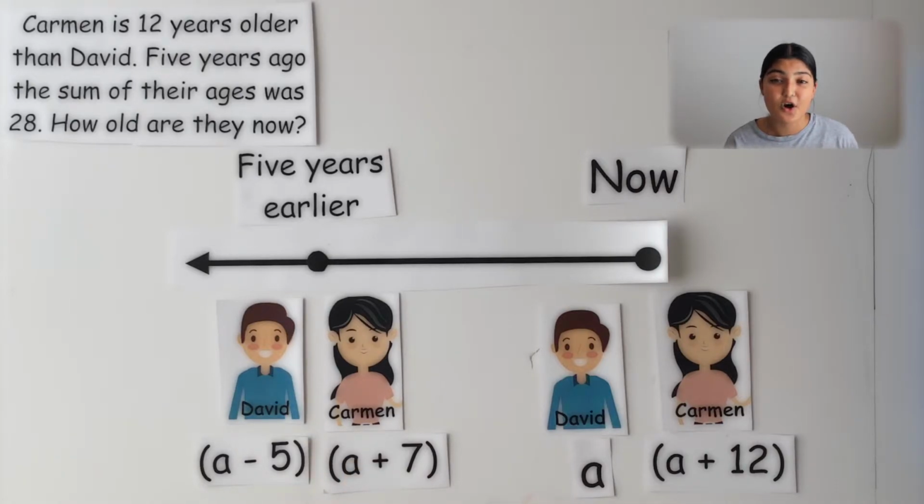So, all we have to do is add A minus 5, which is David's age 5 years earlier, and A plus 7, which is Carmen's age 5 years earlier. And the sum of these two ages is 28. From there, we can solve and find the value of A. So let's do that.